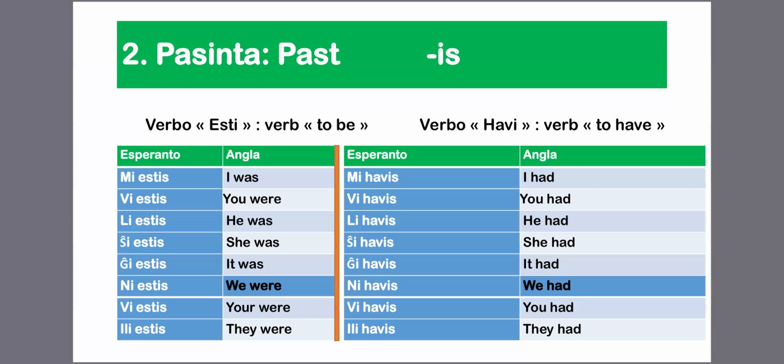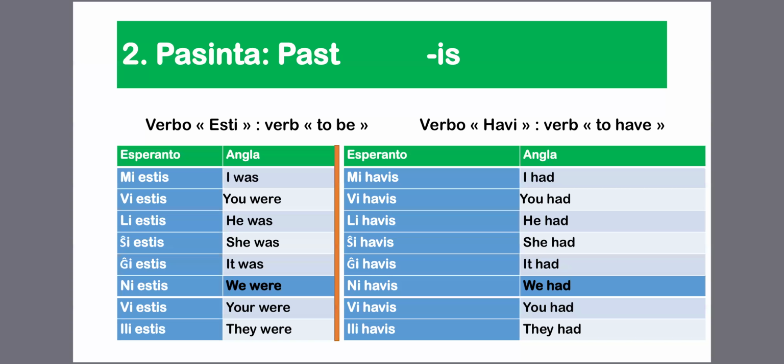When you make a sentence, you will use personal pronouns. When I want to use the verb to be in the past, I use IS. For example, mi estis, I was.